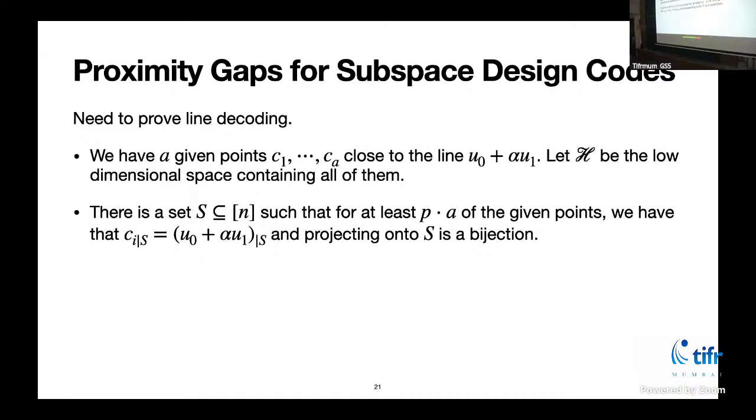This P is just the success probability of your algorithm of picking these points, such that on these points, Ci of S will agree with the line with decent probability, in particular probability P. And projecting onto these is a bijection. In a sense, once you fix all these coordinates, there is only a unique element, since I'm going all the way until I reach the 0 space. I'm setting the random coordinates to 0 till I reach the 0.